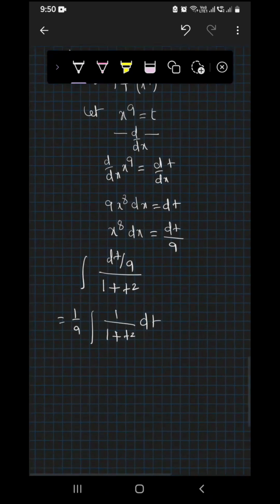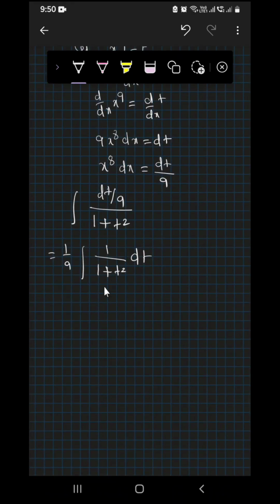So it is the form of 1 by 1 plus x square, which is nothing but tan inverse. We get 1 by 9 tan inverse of t plus c. Now 1 by 9 tan inverse of t, with t taken as x power 9, plus c is the answer.